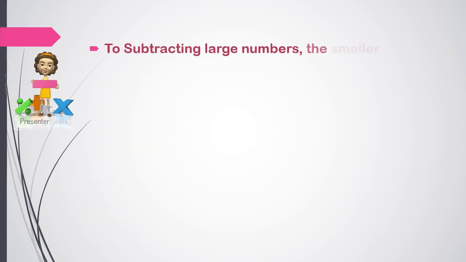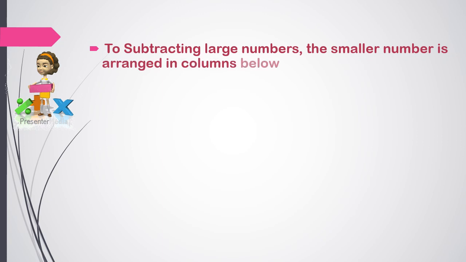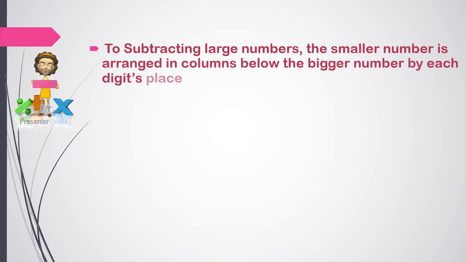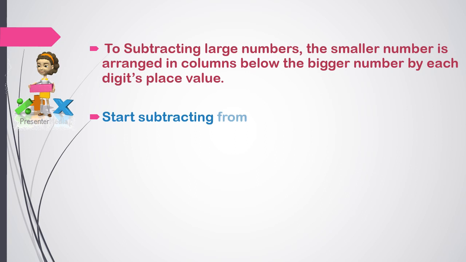To subtract large numbers, the smaller number is arranged in columns below the bigger number by each digit's place value. So whenever we subtract large numbers, first we should write the bigger number. After that we have to write the smaller number according to their place value. Then start subtracting from the ones place.